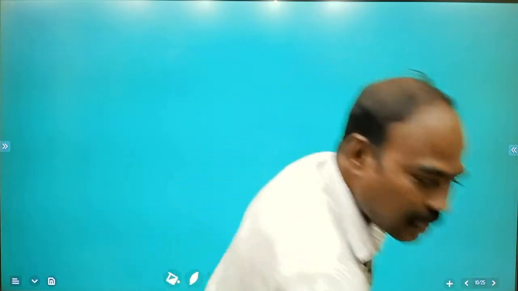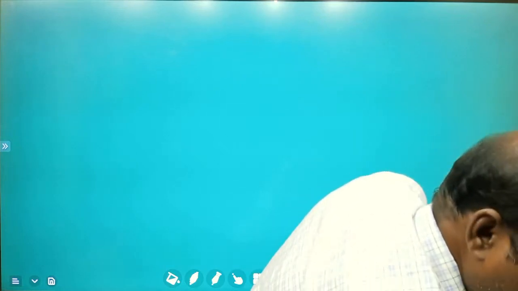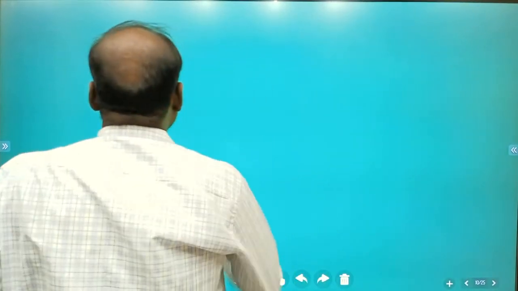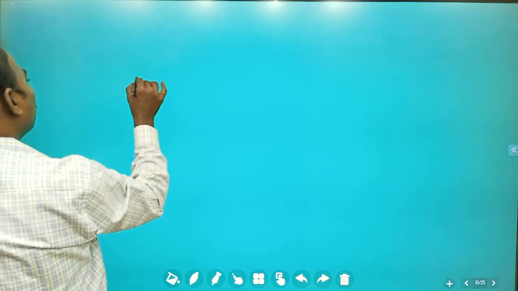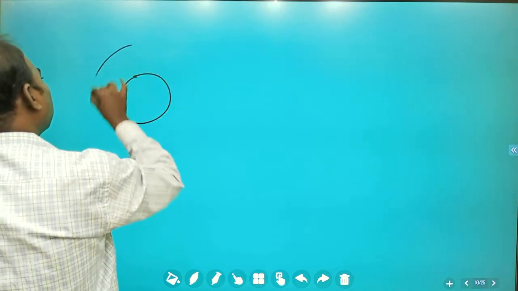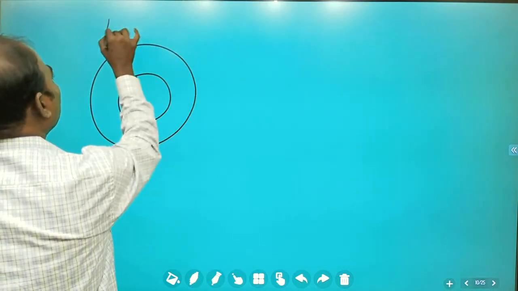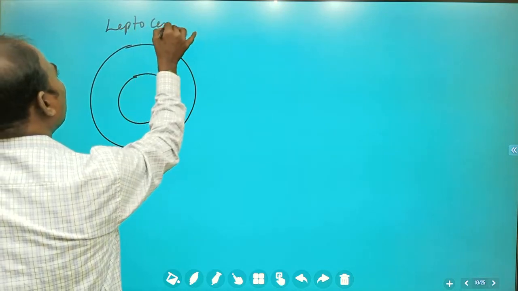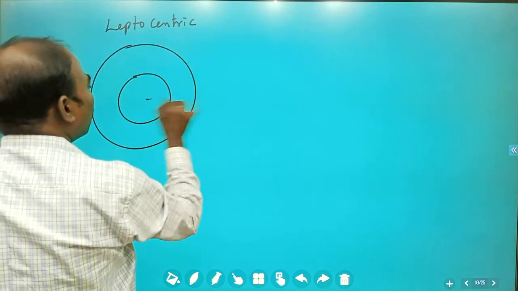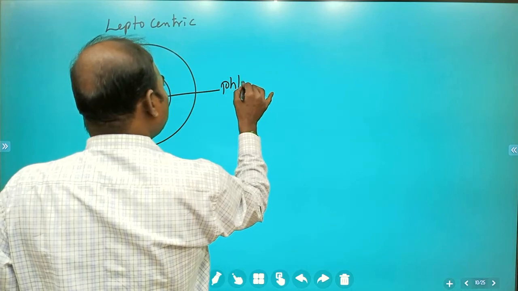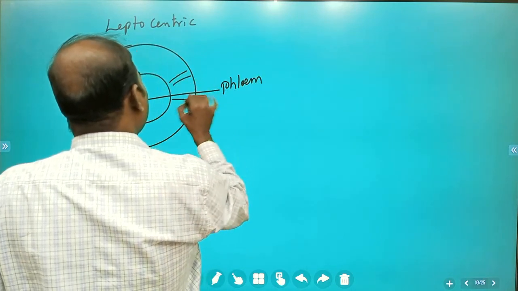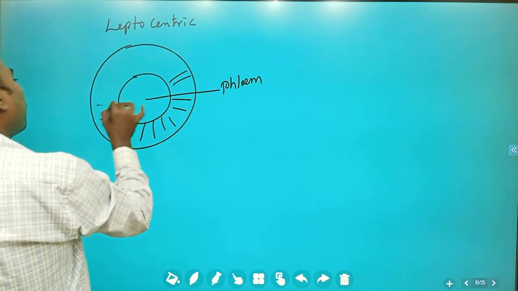Then in some other plants like Pteridophyta, the vascular bundles are found as leptocentric and hadrocentric. Leptocentric means phloem in the center and surrounded by xylem.